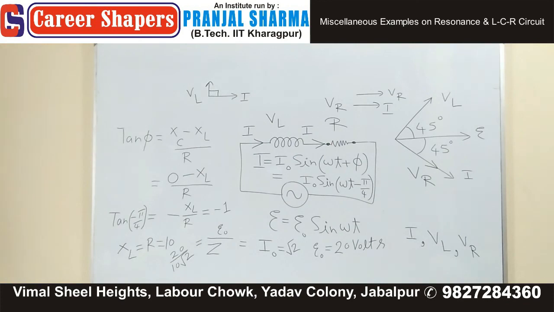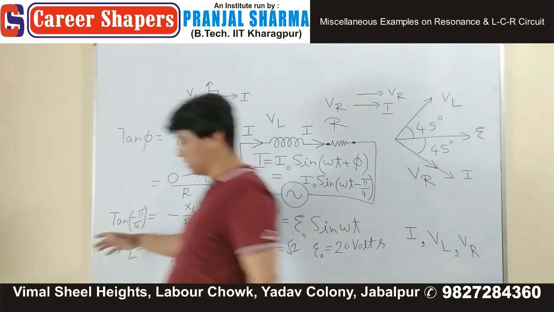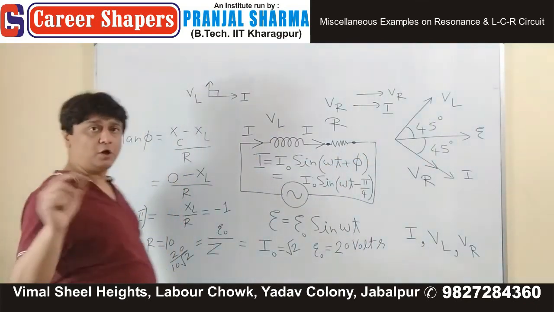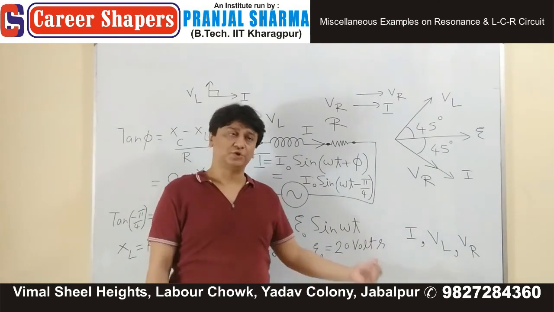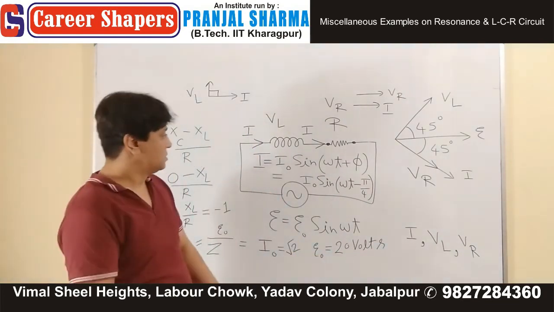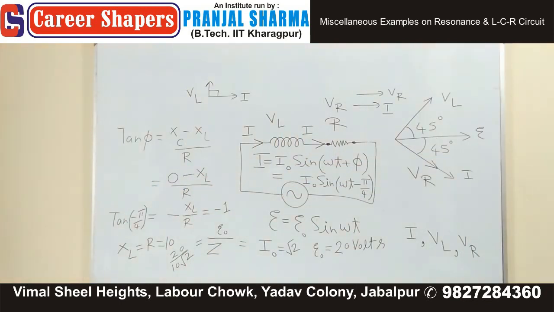Remember the approach, write down the formula. If I say find out average power, then you will write the formula for average power. And then you will start looking for all those terms which are present in the formula. That's how you answer these questions.